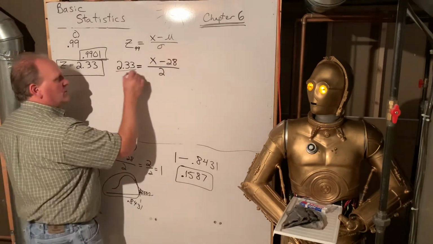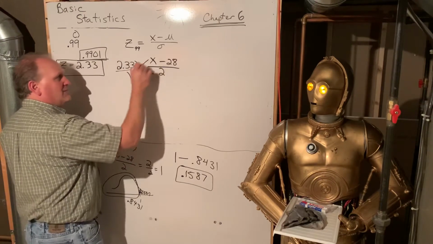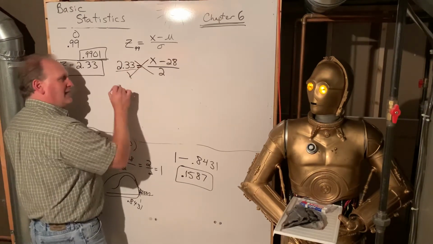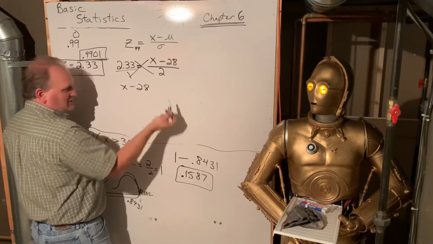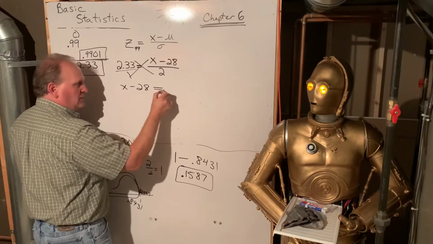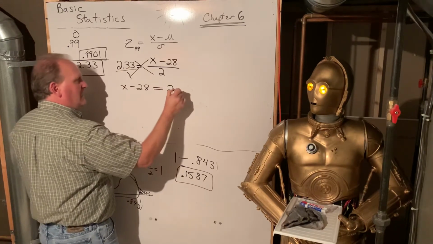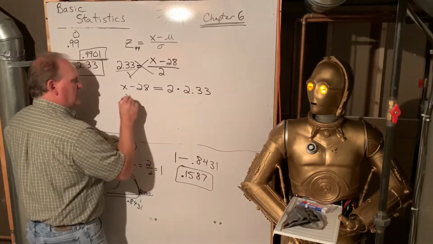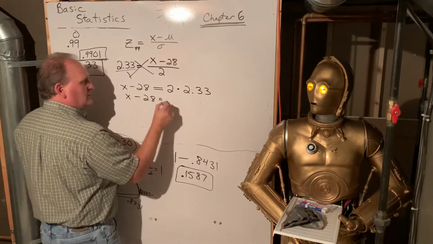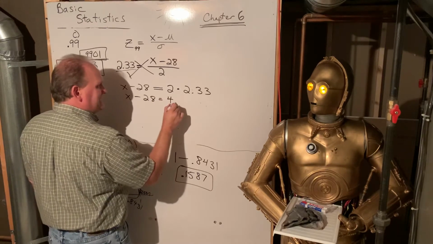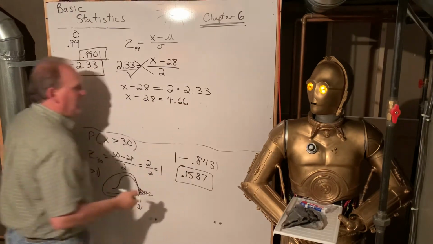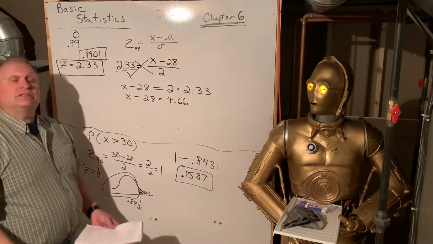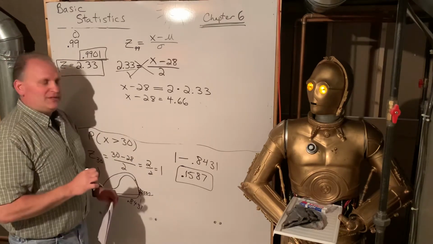So you put that over 1. Remember, we cross multiply and solve. So you take 1 times x minus 28. That's just x minus 28 equals 2 times 2.33. So x minus 28 equals 4.66. And now, right, isolate the variable, get the x all by itself, remember, algebra?